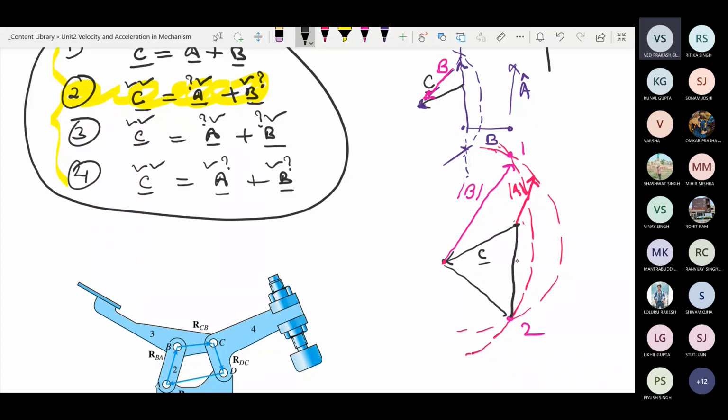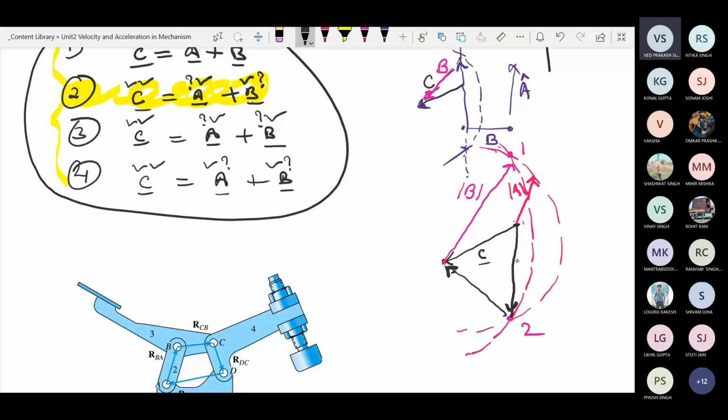And you know that since C is the resultant vector, here you will be getting one arrowhead. Resultant, right? So here you will be getting one arrowhead. So if one arrowhead is here, another will be over here. Am I correct? Okay. Now let us see which one is A and which one is B.